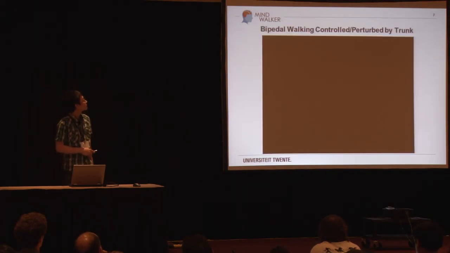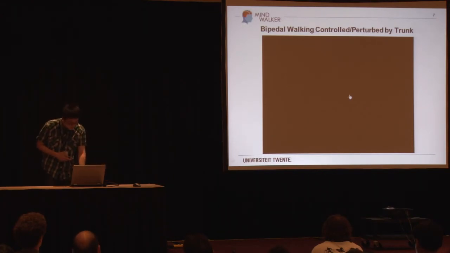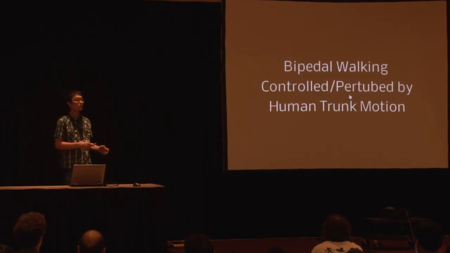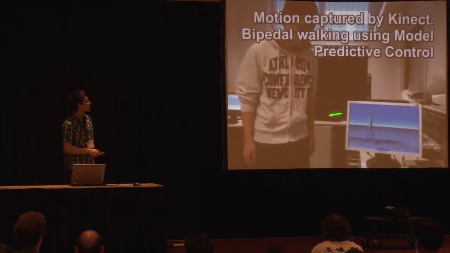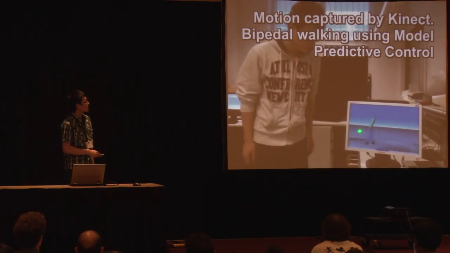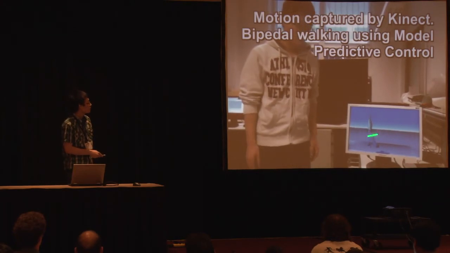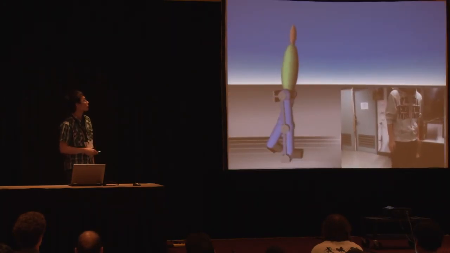I will end this method and test with a demo to use the trunk to control or perturb the bipedal walking. How it works is we use the trunk to control the robot, and this trunk motion can be a perturbation to the walking, and it can also be a control command to the walking.